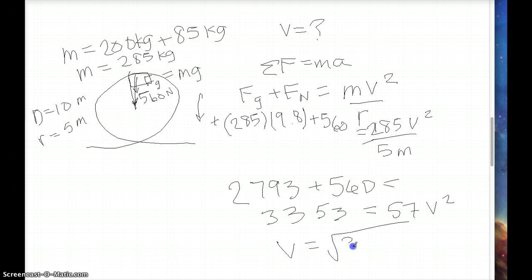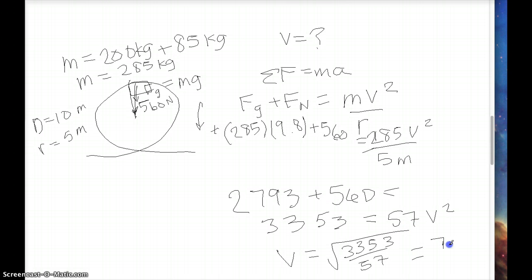At this point, I can solve for v. It's just going to be the square root of 3,353 divided by 57. That number is 58.8, and then the square root of that gives me 7.66, or 7.7.